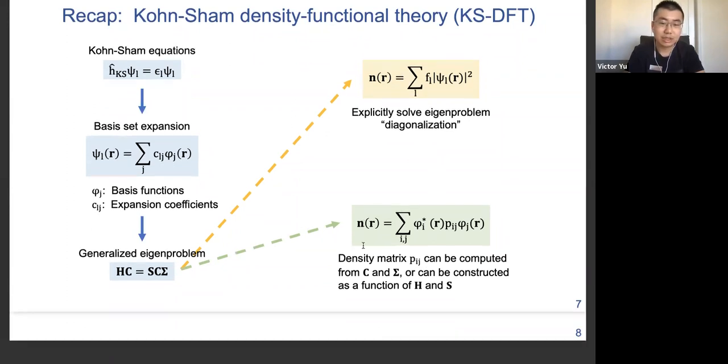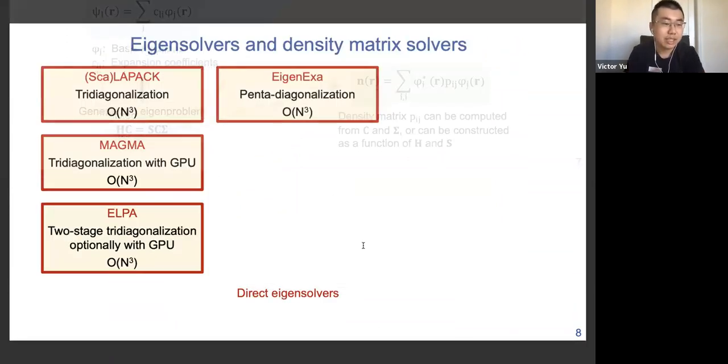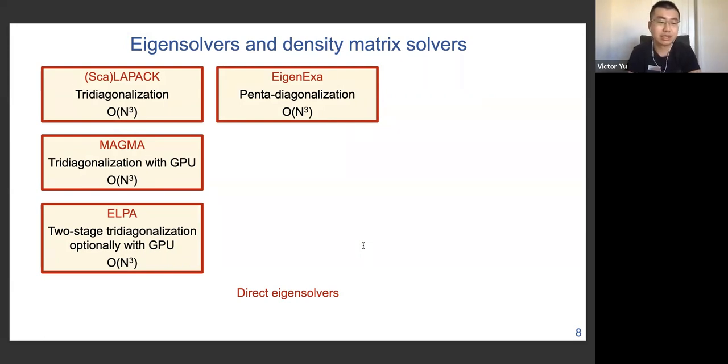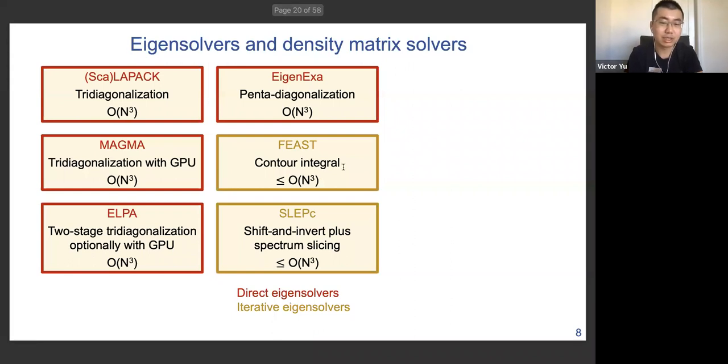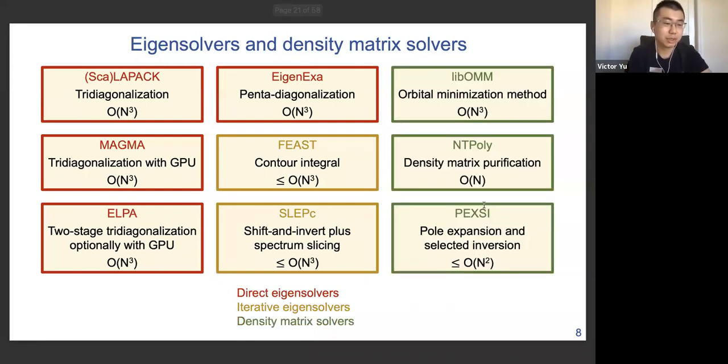Here I have an incomplete summary of methods that are available as a software library to either solve the eigenvalue problem or bypass it by directly computing the density matrix. There are a number of direct eigensolvers, and also there are iterative eigensolvers, and also density matrix solvers in different flavors.